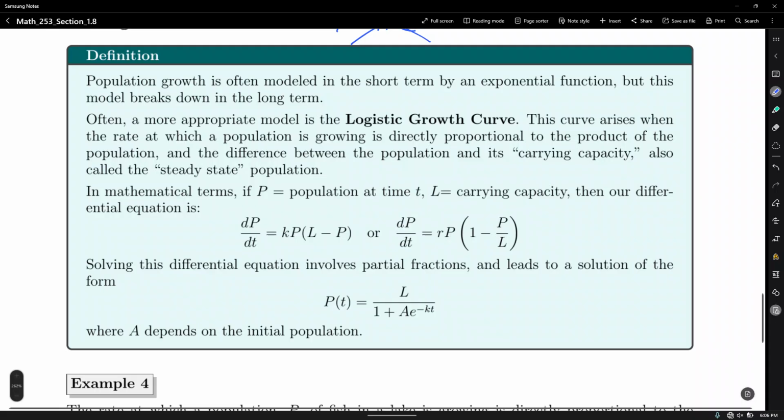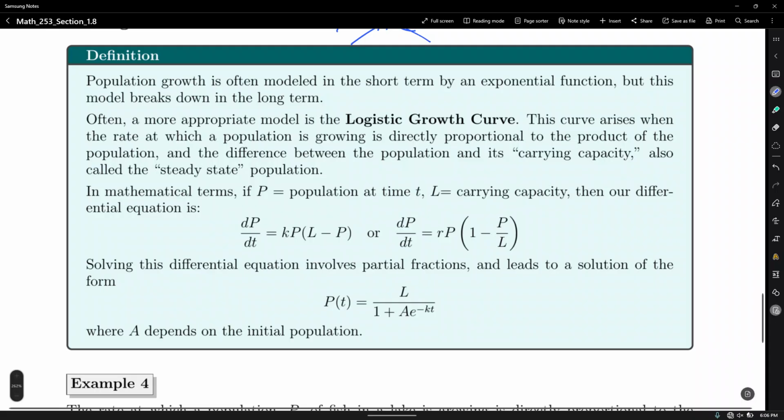I'm giving you both versions because you may see different versions. Notice K and R, because L, which is the carrying capacity of the community or the space, is a constant. There's a maximum number and it's a constant. So I'm factoring a constant, multiplying it with K, which by absorption gives rise to just another constant right here.